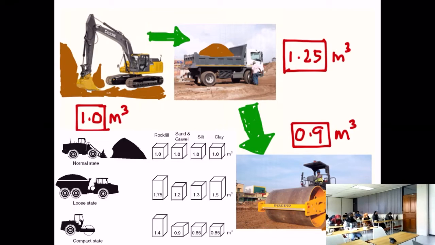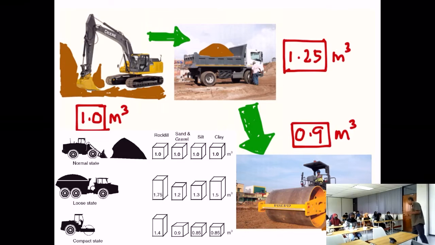There's another thing, transportation. This 1 meter cube will become 1.25 once it is loose. Tadi dia slightly compacted, but once you excavate and put onto this lorry for transport, it will occupy 1.25 because it is loose, or more space.